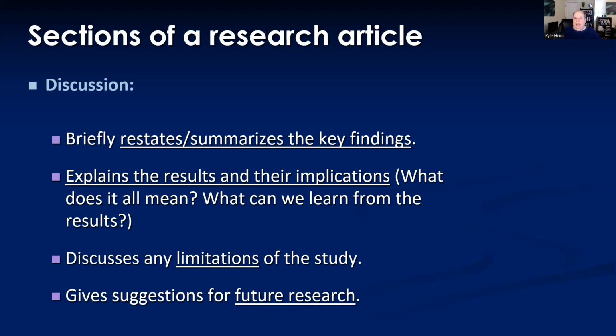What would be a good follow-up study that could build on this existing study? So the discussion section is a good section. I would spend a lot of time keying in on that section because it will tell you what all of the findings actually mean. So that's the last section of the article.